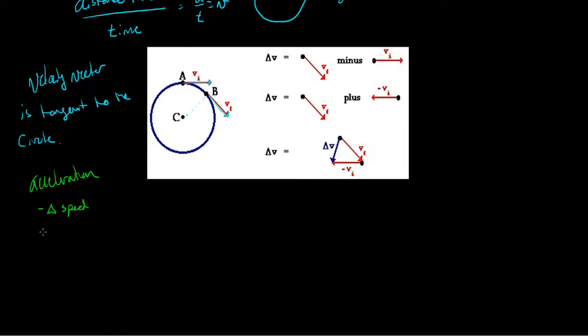Well, actually, before we go into that, let's think of it like this. Acceleration is the rate of change of velocity divided by our change in time. But velocity requires two components. It requires a speed and it requires a direction.